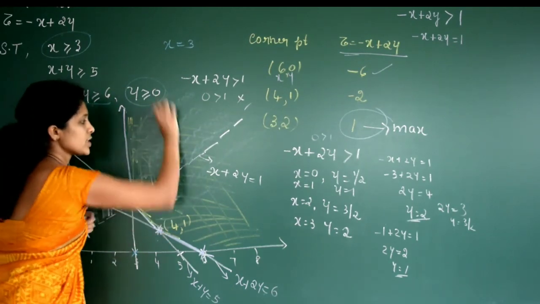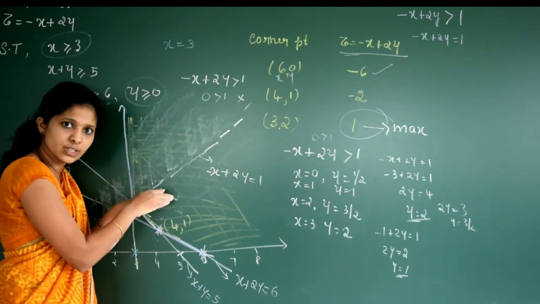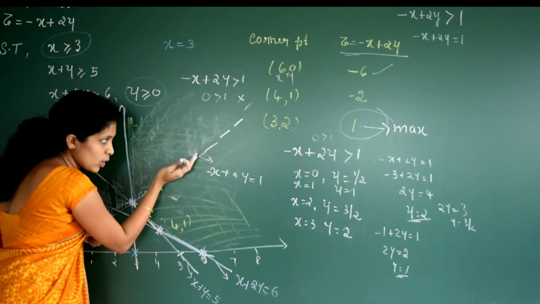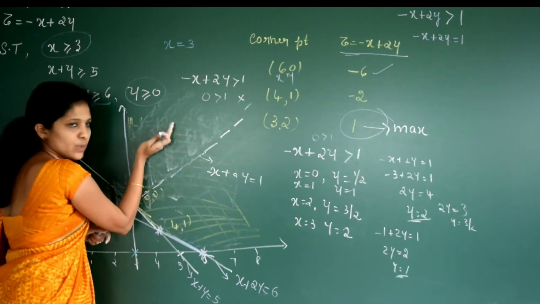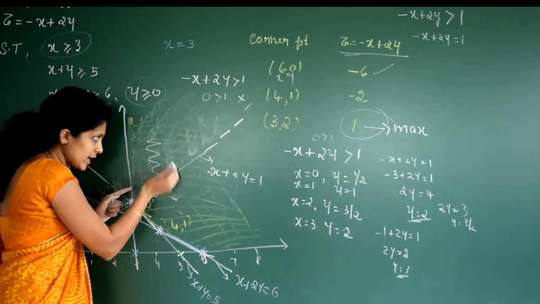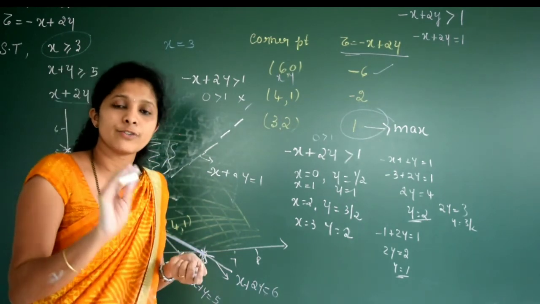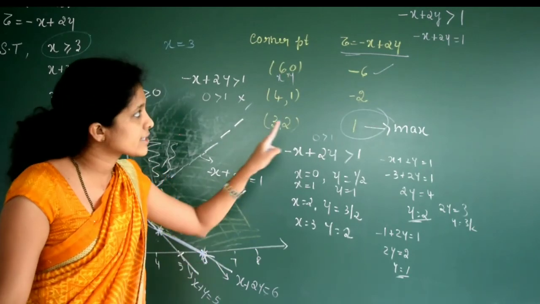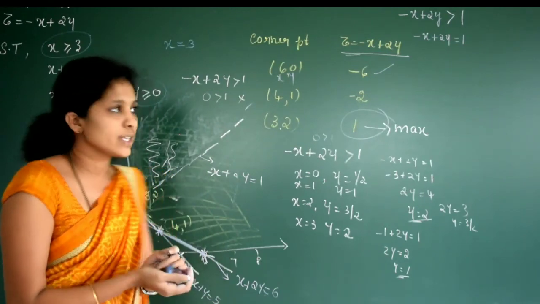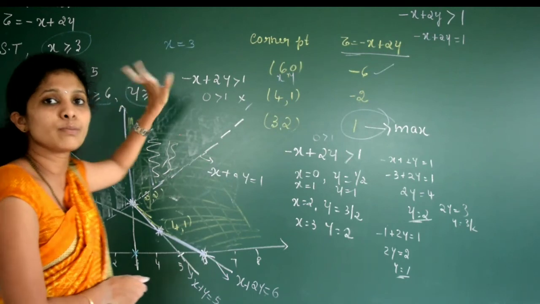So this is the solution region for this one. Now is it having a common region with the original region? Obviously, right? So this is the original region and this is the common region for both. So since it has a common point with the solution region, z is equal to 1 cannot be a maximum value. So z is equal to this equation subject to this constraint has no maximum point.